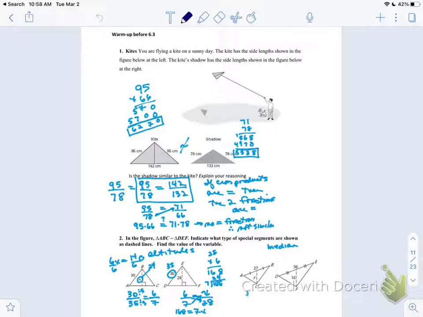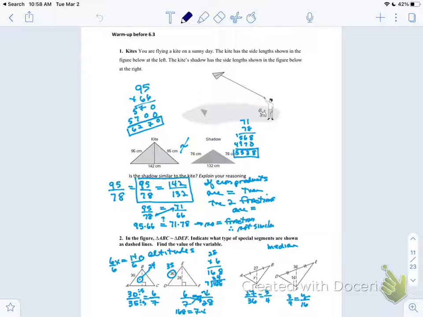So what's the scale factor? It is 27 to 36. And I know 9 can go into both of those, right? 9 goes into 27 3 times, and 9 goes into 36 4 times. So that scale factor is 3/4. So 3/4 has to equal y over 16.